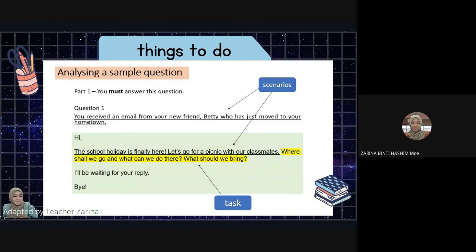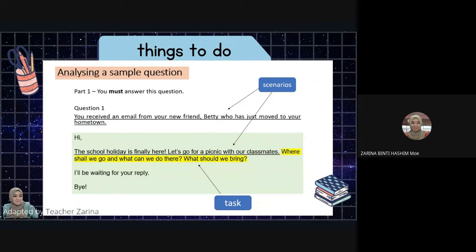If you want to write slightly longer, you do it in part 3. For part 1, you just write within 80 to 100 words, and you spend about 20 minutes. Please take note, because in the exam they do not tell you how many minutes you should spend.